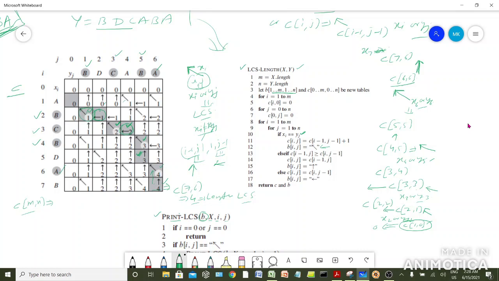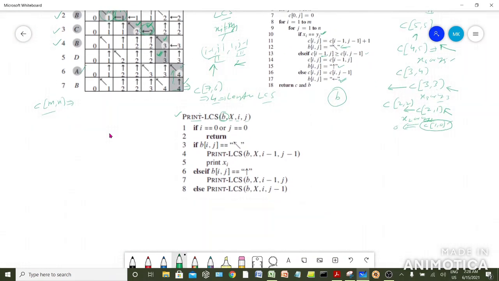If this was not the case, and if c of i minus 1, j was greater than c of i, j minus 1, then we need to put a vertical arrow in B of ij, else we need to put a horizontal arrow in B of ij. So this B matrix is going to become the basis for printing the LCS elements.